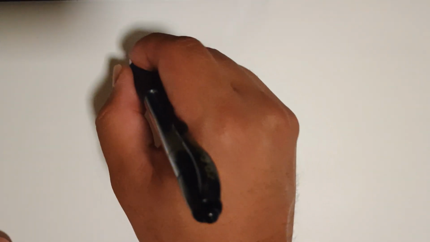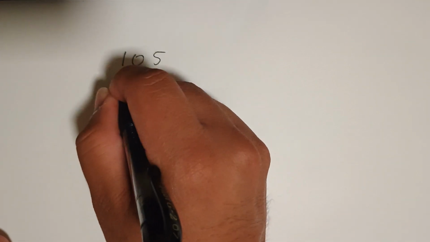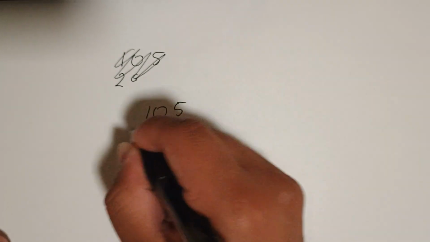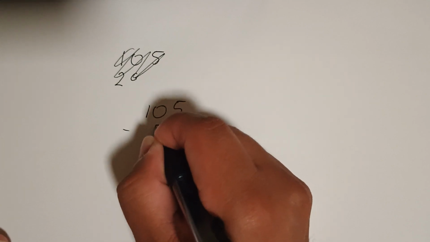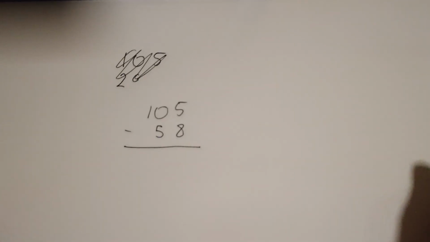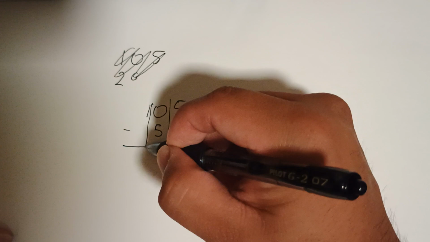One last example is if we have something like 105 minus, let's say 58. Now you can do this in your head if you want, or you can draw a bunch of circles, or you could do it this way again.